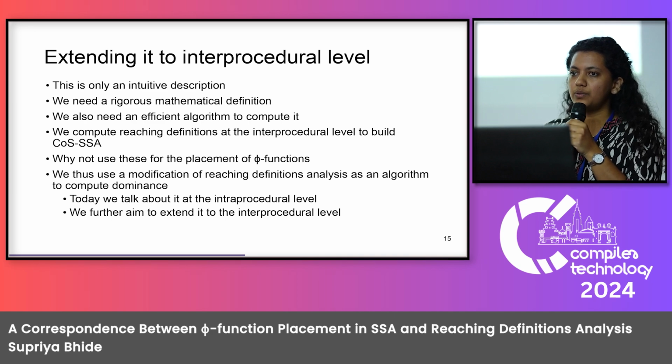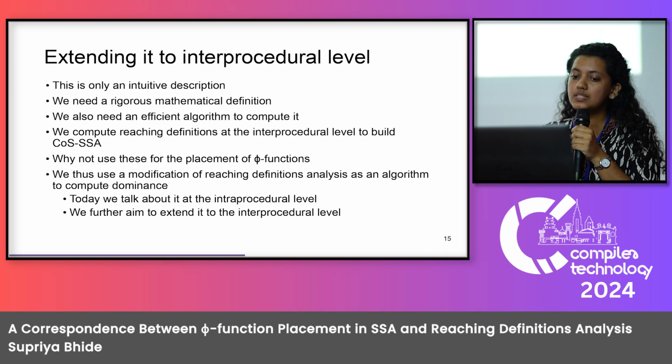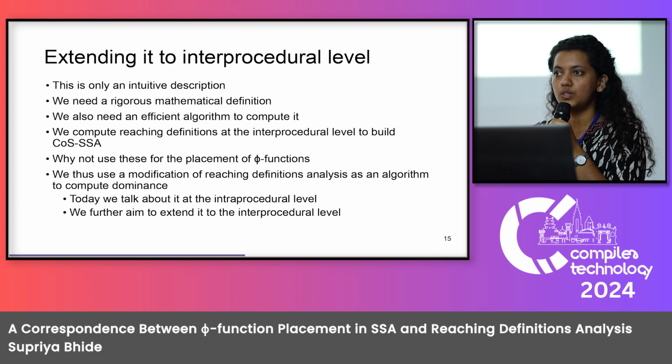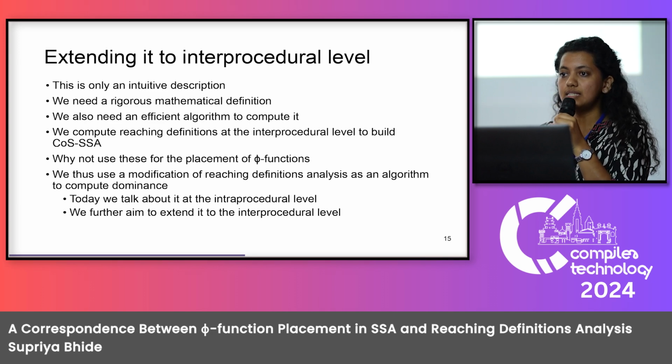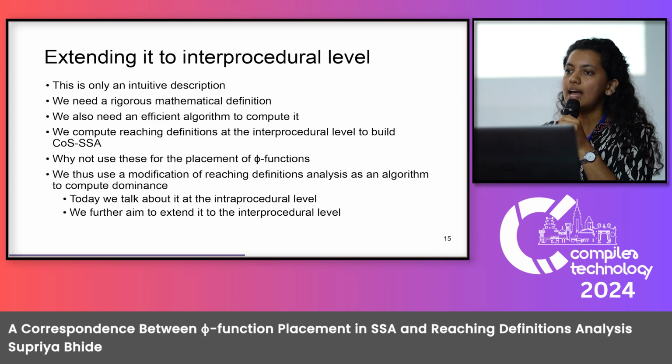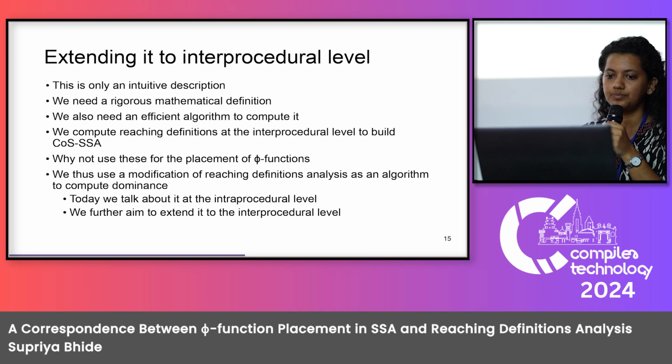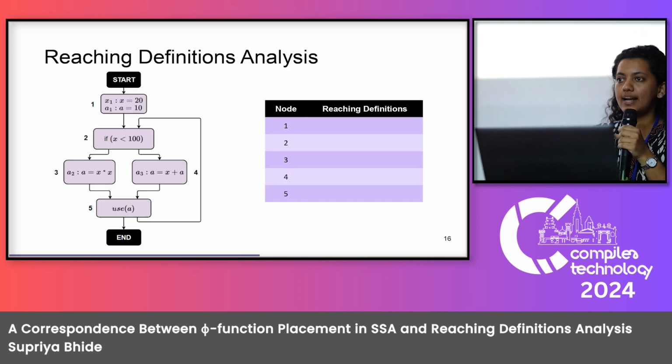So our idea was, why not just use these reaching definitions to perform the placement of phi functions at the interprocedural level. So we use a modification of the reaching definitions analysis as an algorithm to compute dominance. And today we shall be talking about this at the intraprocedural level, and we further aim to extend it to the interprocedural level. So let's first look at reaching definitions analysis in a quick glance.